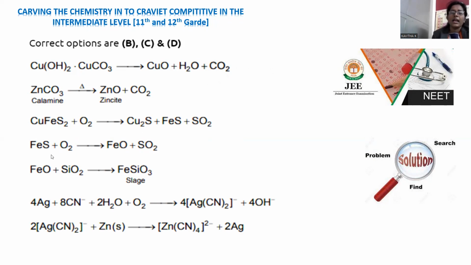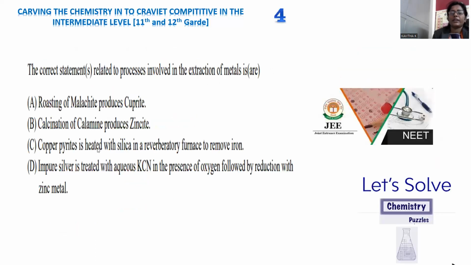Later, the iron sulfide can bond to oxygen. Excess oxygen is there, so that all the iron is converted into oxide form. The iron oxide is now treated with silica, sand, so that iron silicate is formed. This iron silicate is called slag, which is an impurity. We can simply discard this, and copper sulfide will be separated. This is the way copper pyrite can be purified in the metallurgical process.